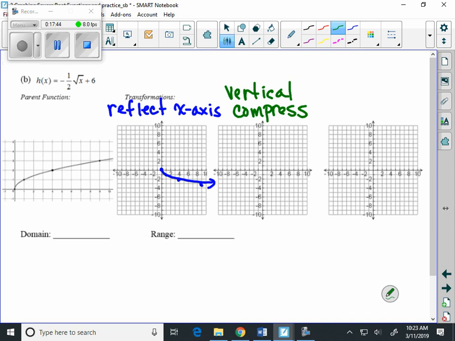The good news is that 0, 0 is going to stay the same. But what's going to change are the y values. So we're still going one space to the right, but instead of going down 1, we're going to go down 1 times 1/2. So this next point is going to be 1, negative 1/2.